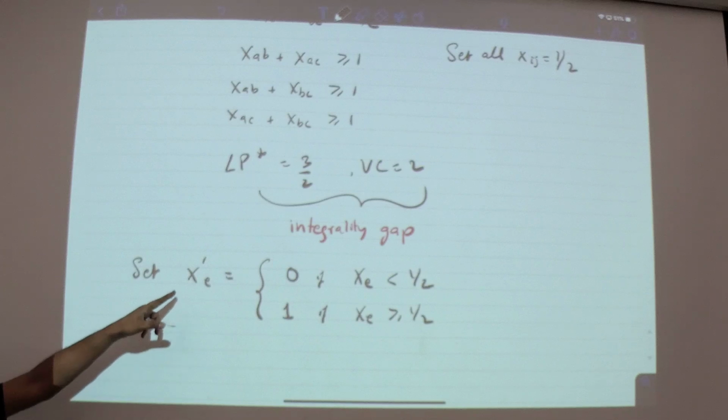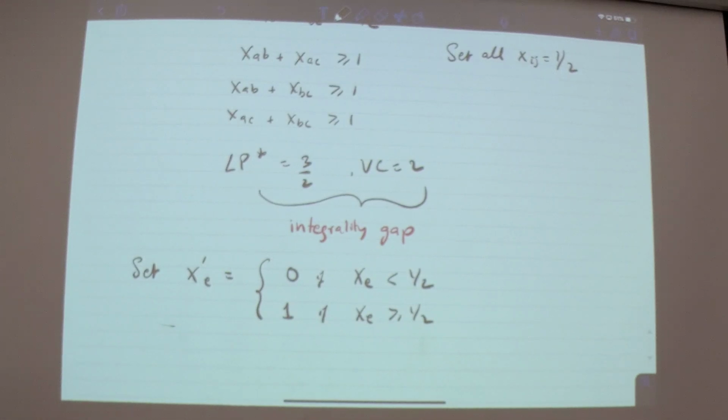For example, if you have a vertex with 3 edges adjacent to it, and in your solution each of them is equal to 1 third, it still satisfies the sum being at least 1. Right. But then by definition of x prime e, all of them become 0. So you'll never cover that vertex.